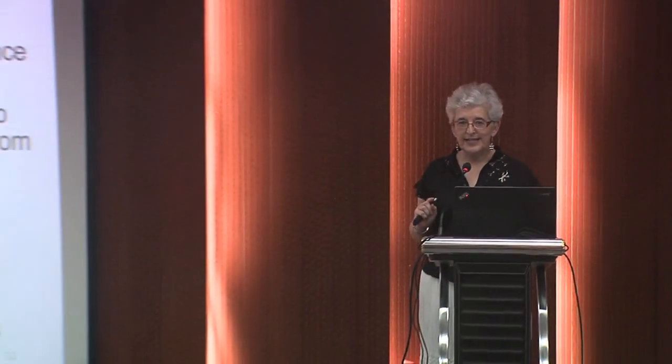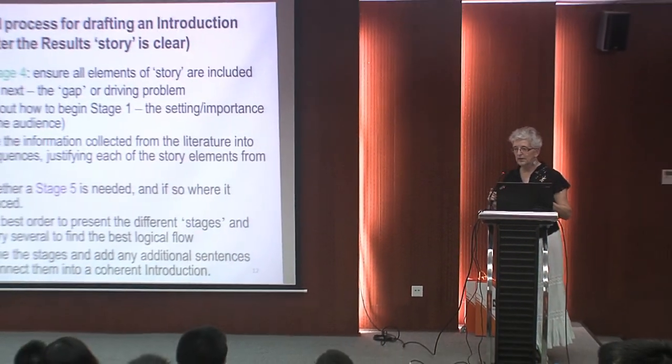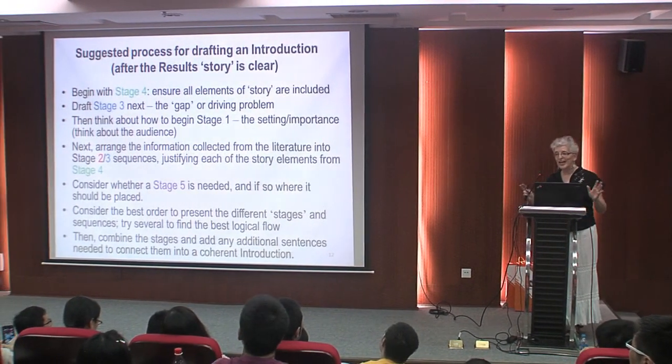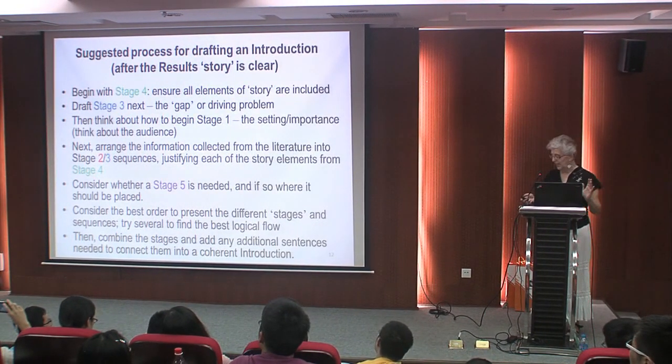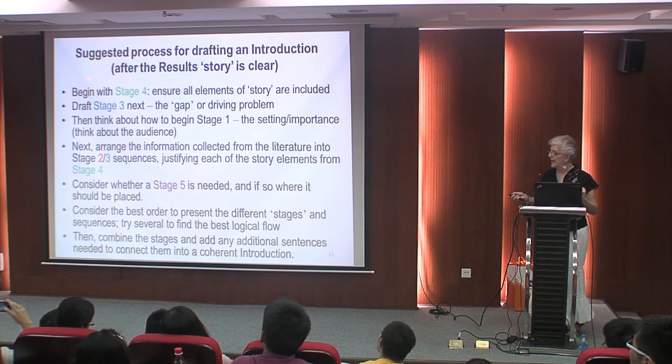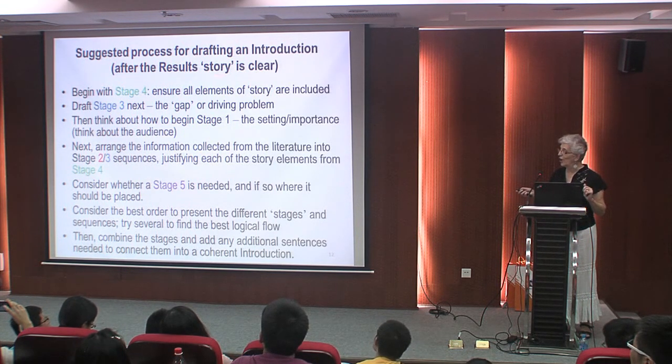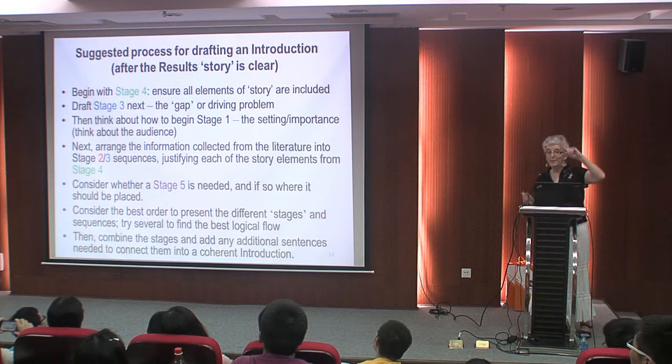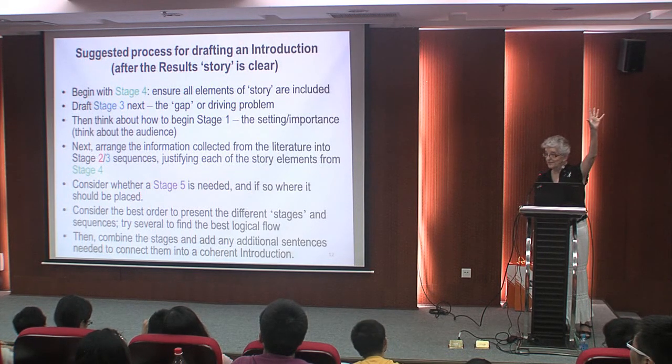So can you remember the colours? Because now we're going to look at an example. But before we do, I'm going to talk about the process that we suggest in the book for writing your introduction. Remember, you've already got your results story clear because you started with your results.